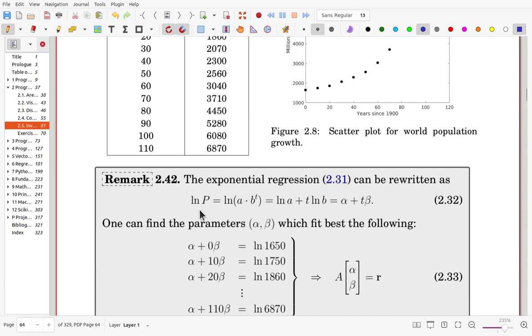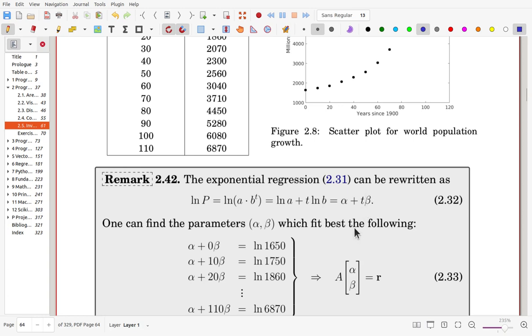Then the left-hand side is log P, and the right-hand side is log a plus t log b. By using the logarithm law, we can get that. We define log a as alpha and log b as beta. Then log P equals alpha plus t beta.